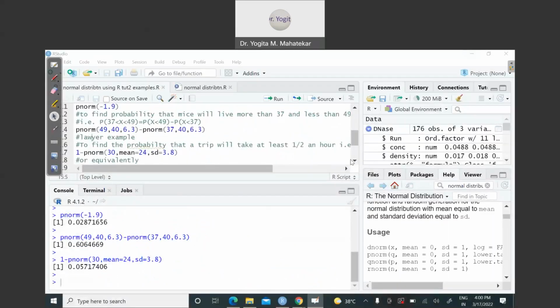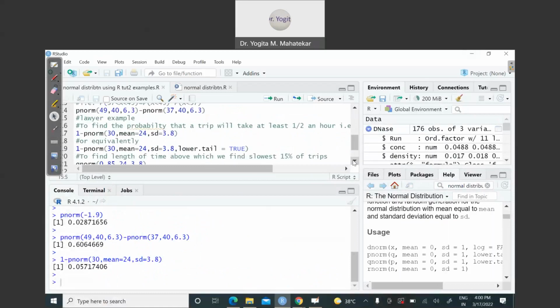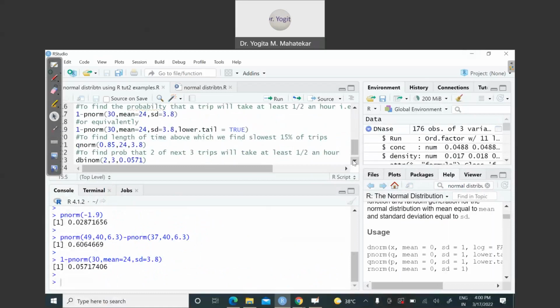So let us go to R. Sorry, I think I have not solved the second part because it's quite the same, but I will show it over here in the console.